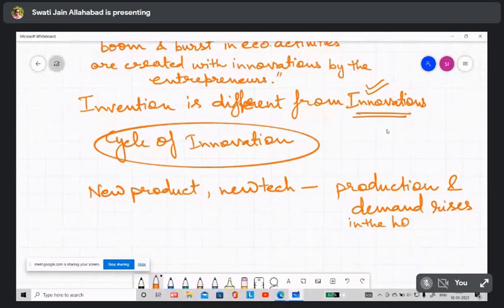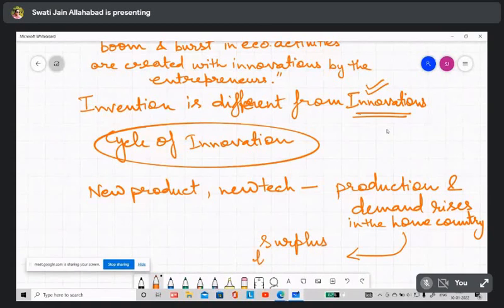In the home country, wherever the innovation is taking place, production and demand will rise only in the home country. But gradually, the surplus of this new production will lead to export.